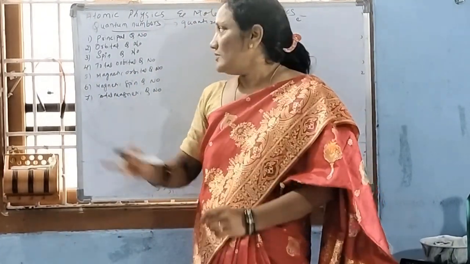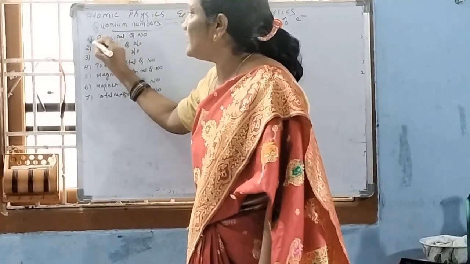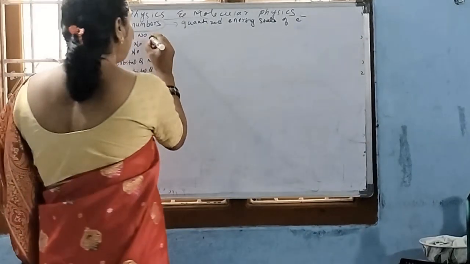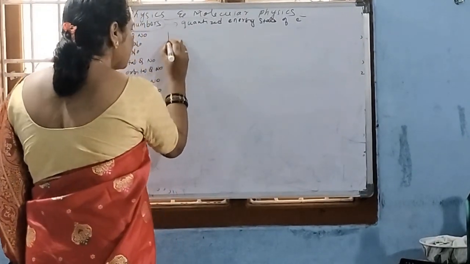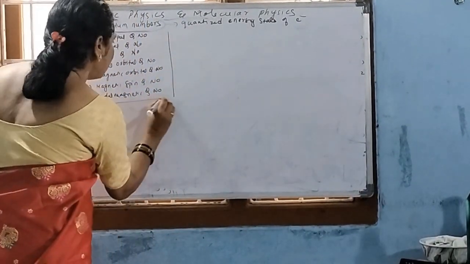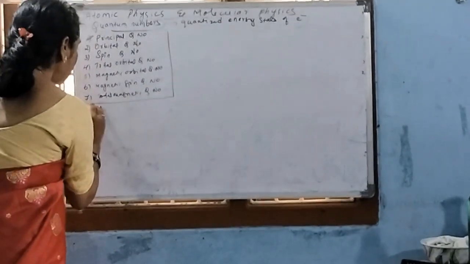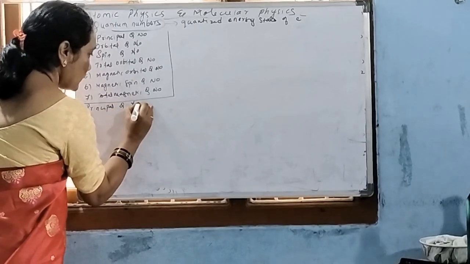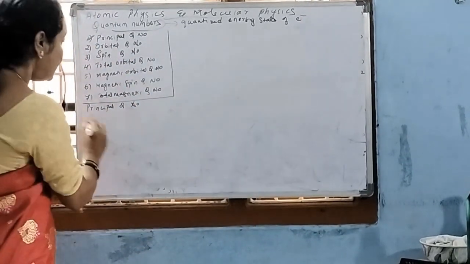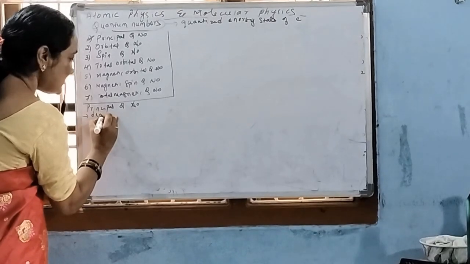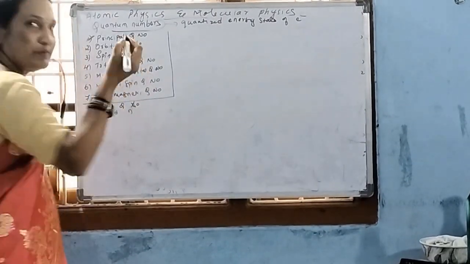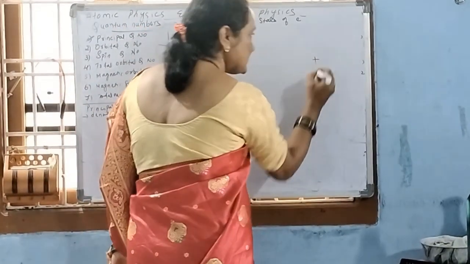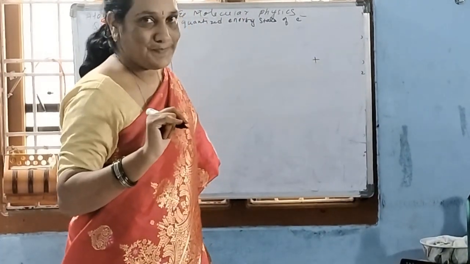Okay. Now let us discuss the first quantum number, the principal quantum number. This principal quantum number is denoted by the letter small n. Now the nucleus is in the middle of the atom.